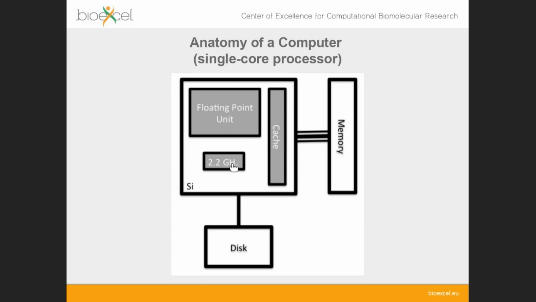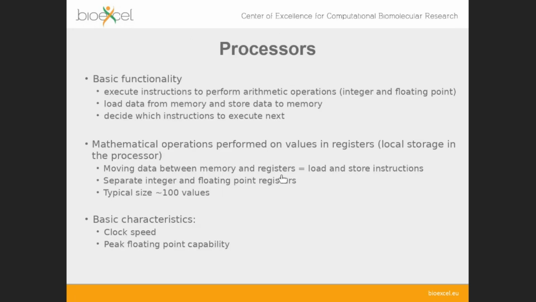During every cycle of a clock, a number of instructions are executed. So the basic functionality of a processor is that it executes instructions, and the ones that we really care about in lots of scientific codes are the numerical arithmetic or math operations involving integers and especially floating point numbers.